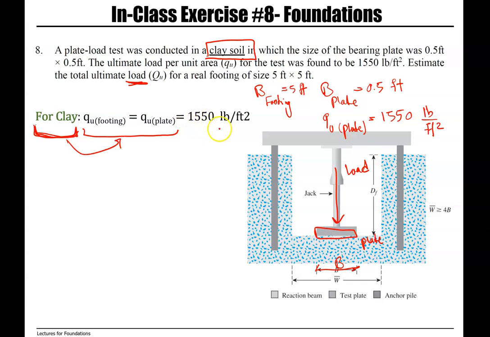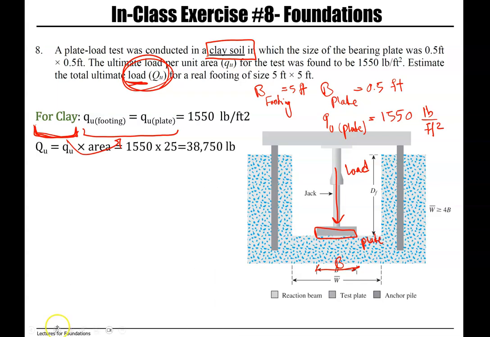So the ultimate bearing capacity of footing is 1550 pounds per square foot, but the question was asking for load, and remember load is bearing capacity multiplied by area of footing.